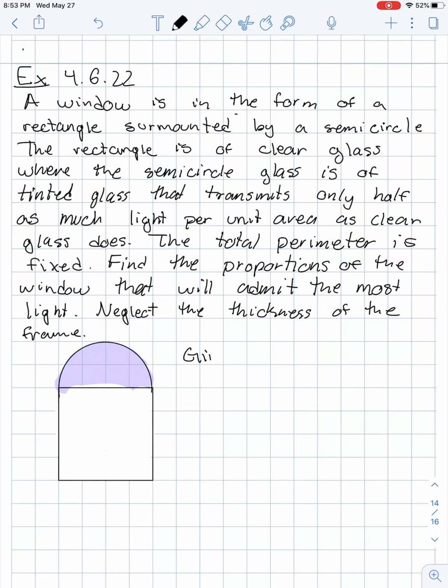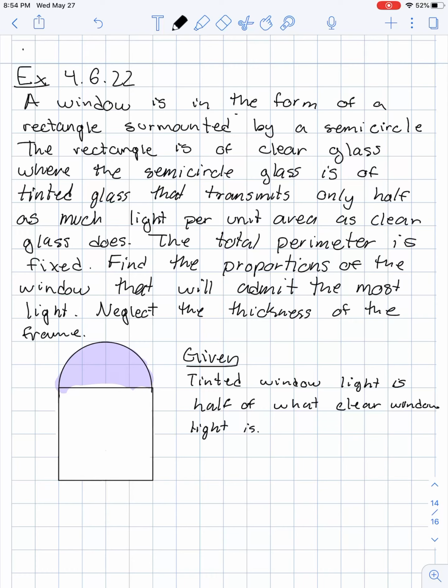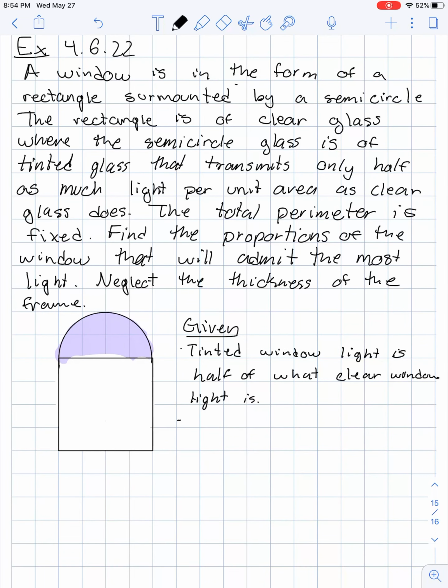So we're given that tinted window light is half of what clear window light is. I don't think you're ever supposed to end a sentence with is, but whatever.